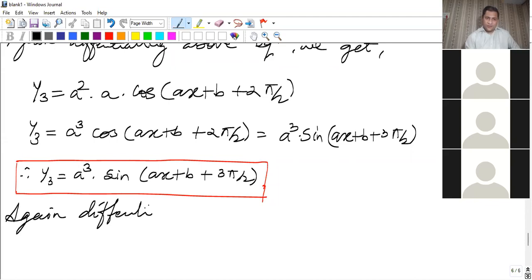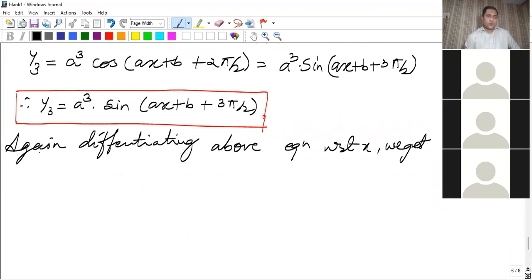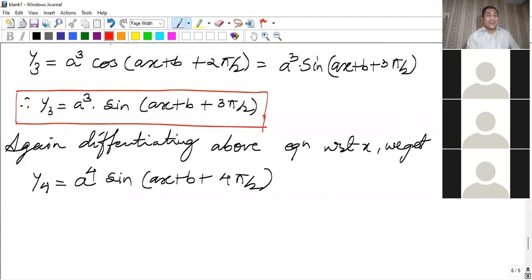Differentiating the above equation with respect to x, we get y4 equal to, let us check, a to the fourth sine of ax plus b plus 4 pi by 2. Is that okay?